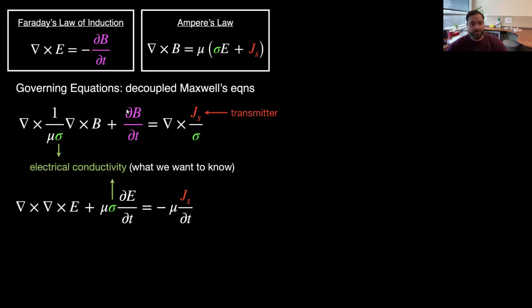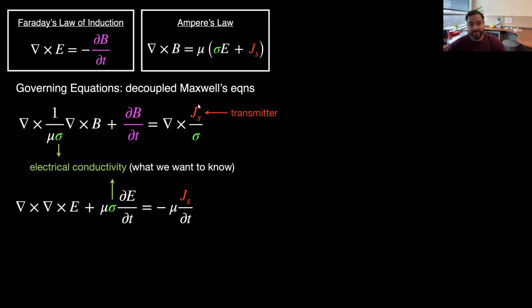And what I want you to see in here is that first we have our induction part of this. Basically, when we have a time-varying magnetic field, that induces currents in a conductive material. And the amount of current that's induced depends on the electrical conductivity of that material. So that sets us up for doing passive imaging, which I'll show in a figure in a sec.